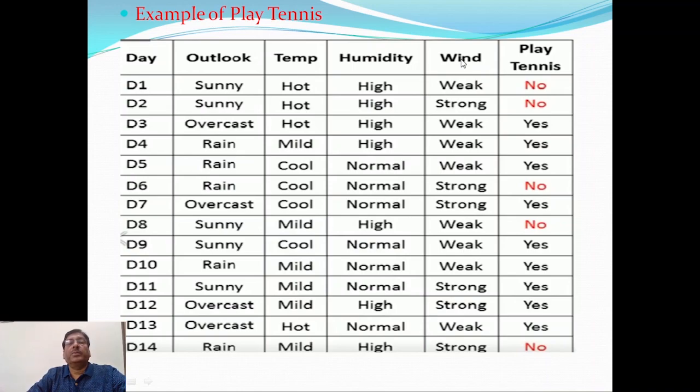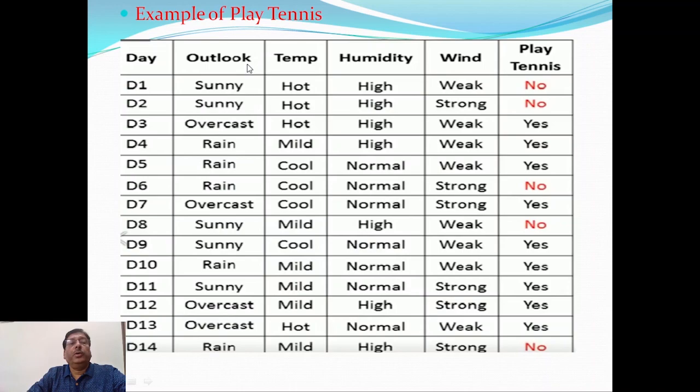Now a question that comes is, how am I going to find the information gain? In order to go with information gain, I need to find out the entropy for each of these attributes. Now again a question comes, what is an entropy? Entropy basically talks about the impurity of the data, that is, randomness in the values for that particular attribute.